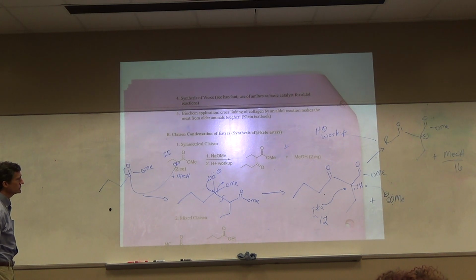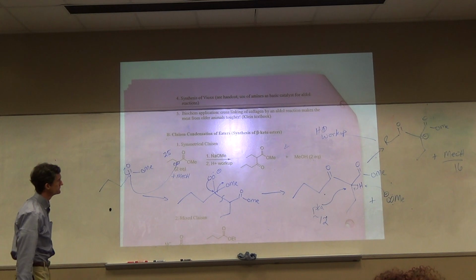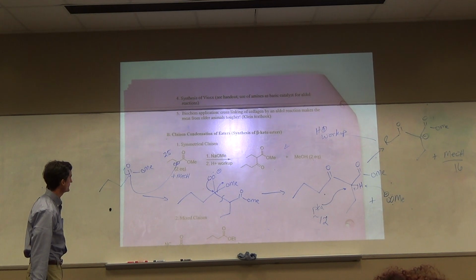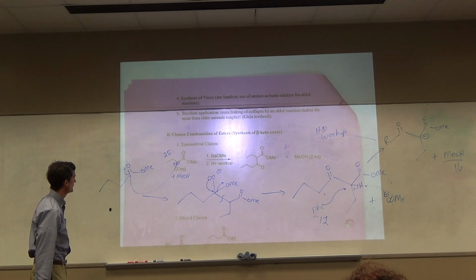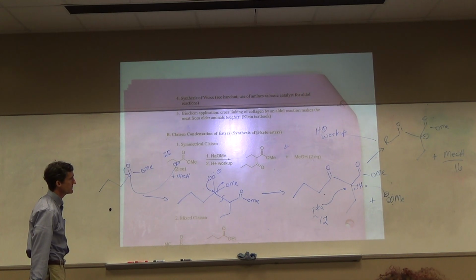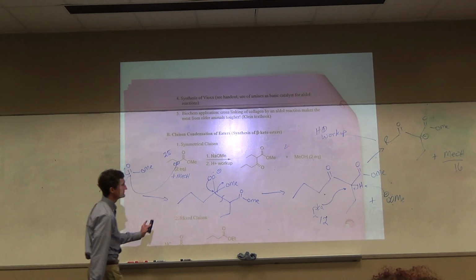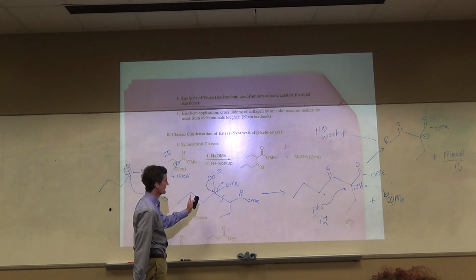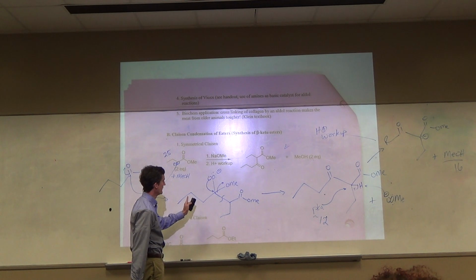Or do you actually need two equivalents? One equivalent to take the original proton. Well, it's one equivalent because one leaves as the leaving group. Yeah, but you also generate a methoxide right here, and that's what takes the other one.